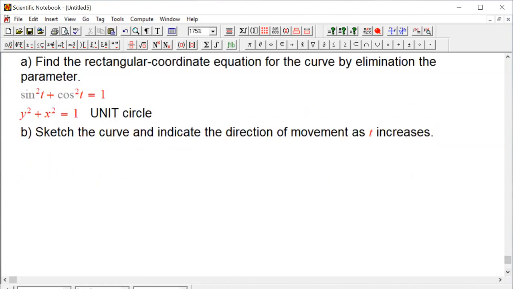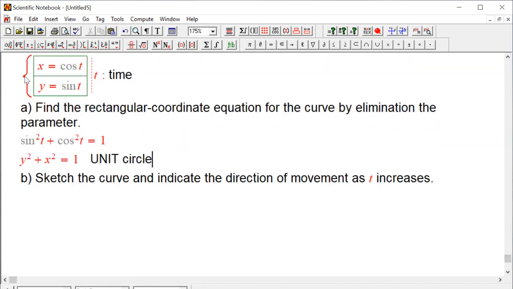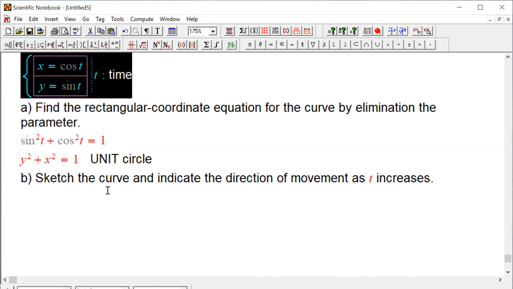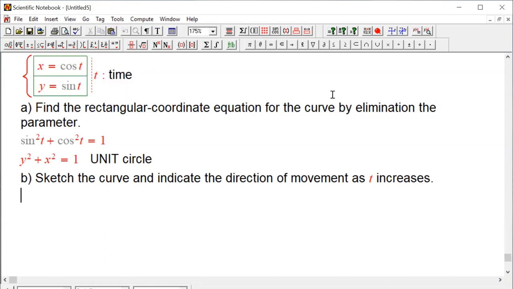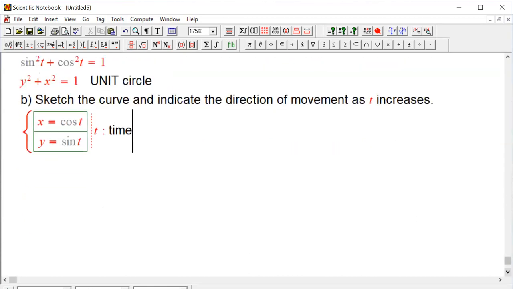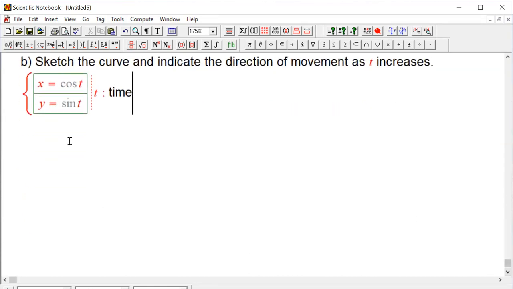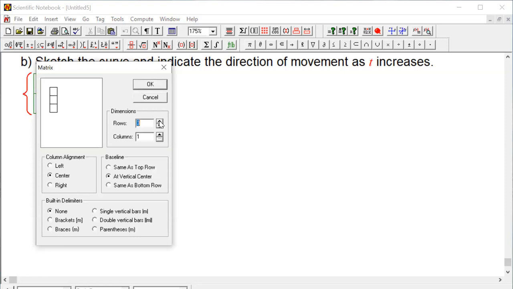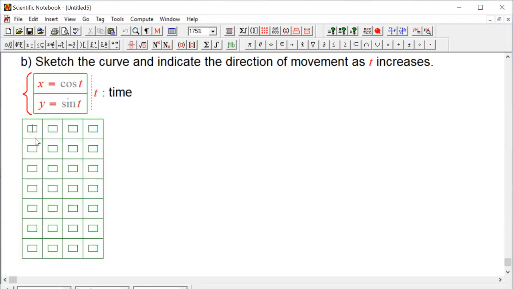Let's do the graph. Right? When we do the graph, we're going to set up a table similar to what we did before. Okay. And we shall use this opportunity to review trigonometry, right?